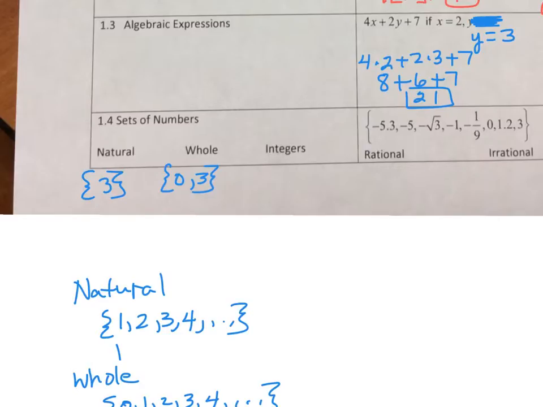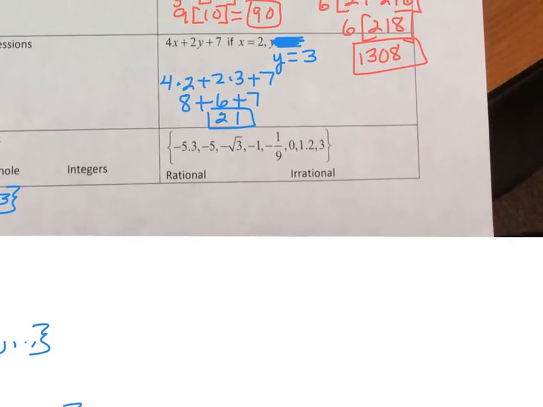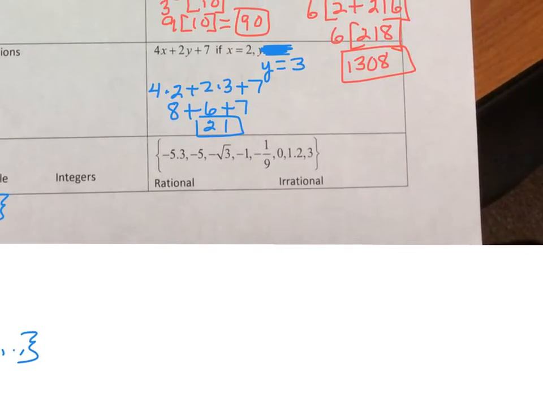Okay, let's go to Cody and Christian. Out of that set of numbers right there, which ones are integers? And I'll tell you what, let's do this one different. I'll give you the number, you tell me yes or no. Okay? Negative 5.3, is that an integer? No. Why not? Because it's a decimal. That's right. Negative 5. Yep. Okay, so we'll put a check mark there.